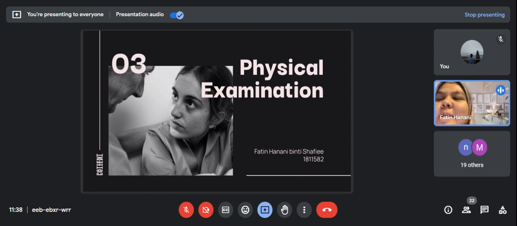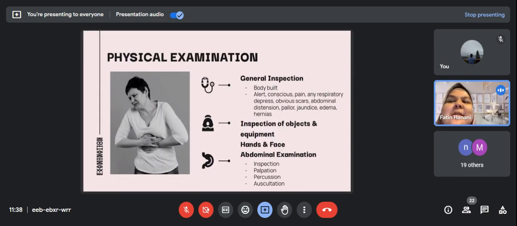So next, I will proceed with the physical examination. For physical examination, we have to look for the general inspection of the body build of the patient, and then we assess whether the patient is alert, conscious, if the patient has any pain or is in any respiratory distress, and any obvious scars or pallor or jaundice, and also edema or hernia.